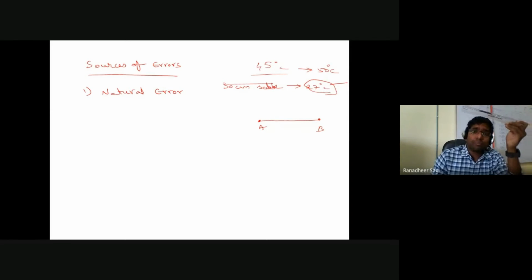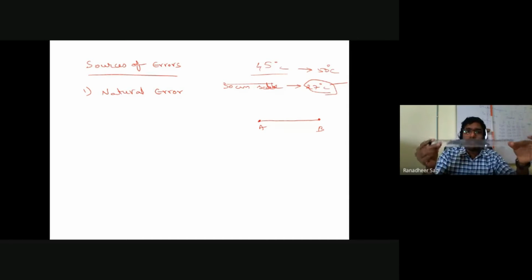So at that temperature of 50 degrees centigrade, the scale I am using for measuring between those 2 points A and B, or a tape, or a chain, was originally manufactured for a standard temperature where the length of that scale was supposed to be 30 centimeters at the standard temperature of 27 degrees centigrade.